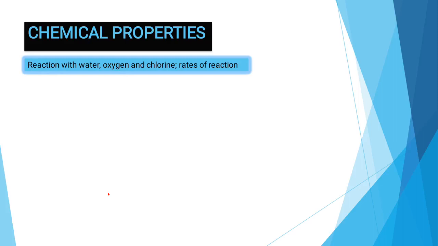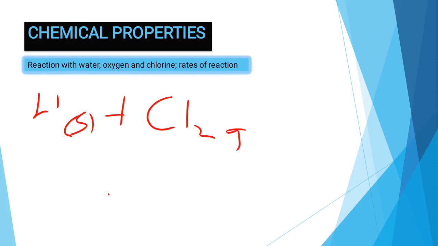So we write the equation for the reaction between lithium with chlorine. We will have lithium as a solid reacted with chlorine, and remember it is a diatomic molecule, so we will have diatomic gas, so we will have Cl2.